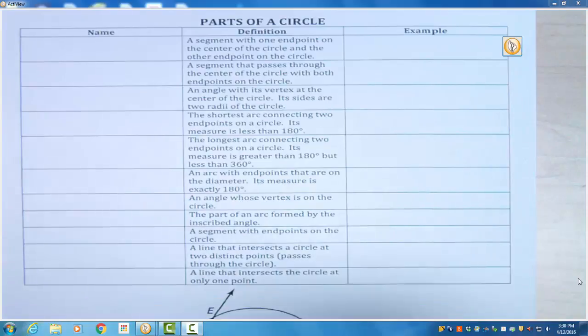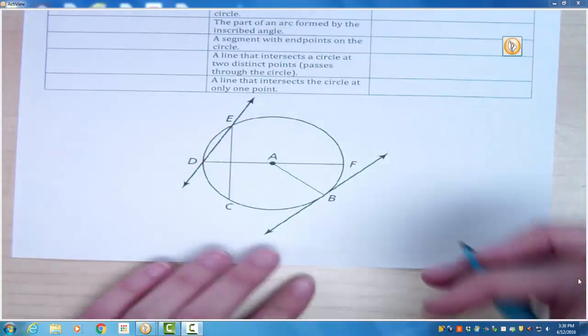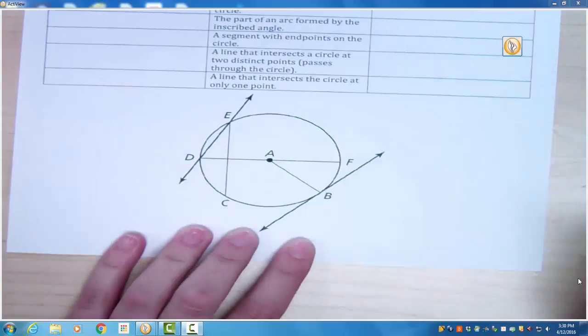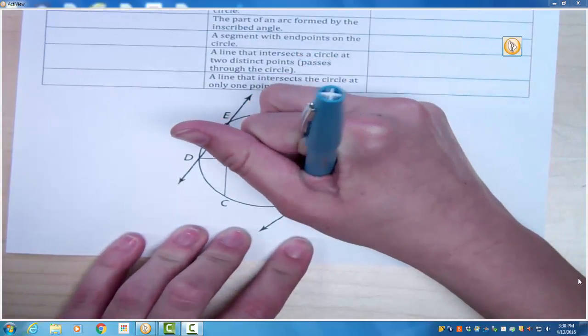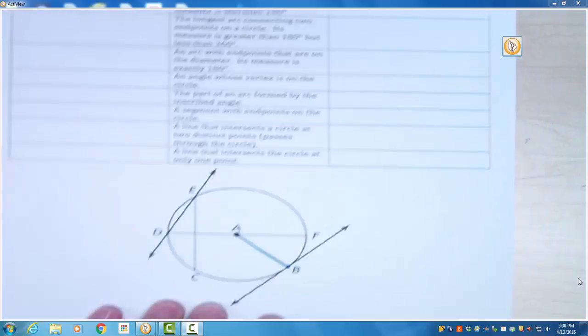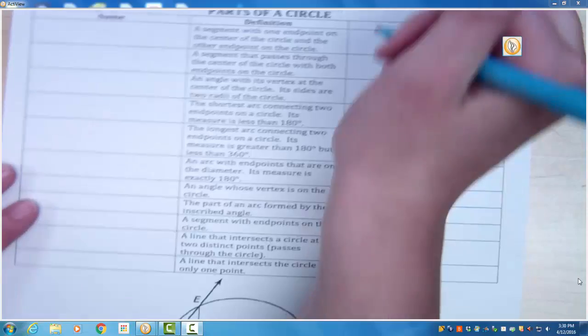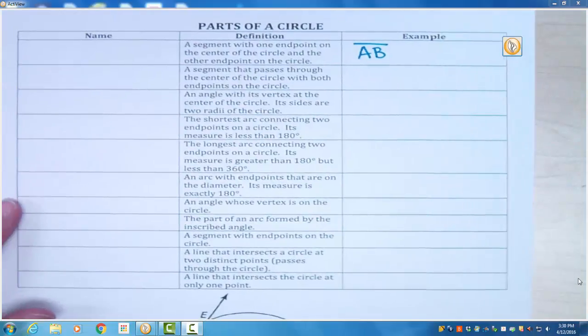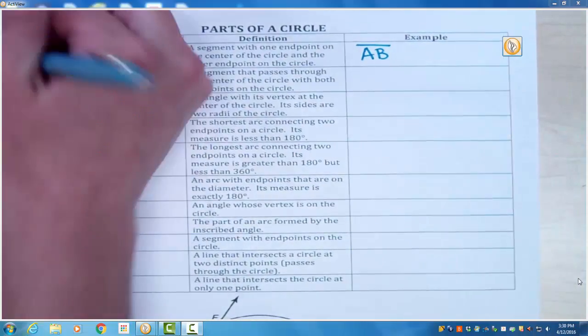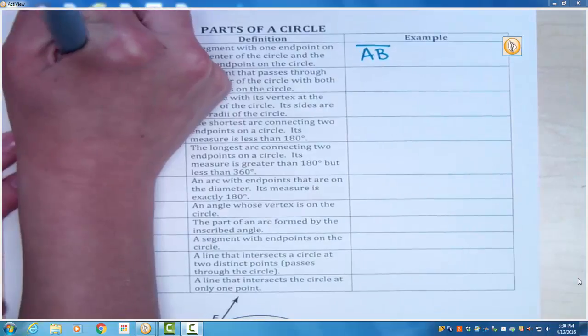So starting with a segment with one endpoint on the center of the circle and the other on the circle. So looking at our circle, one endpoint's at the center and one endpoint is on the circle. An example of this would be what I just highlighted there, segment AB. There's a few other examples you could have had, but that segment, as we know, is called a radius.